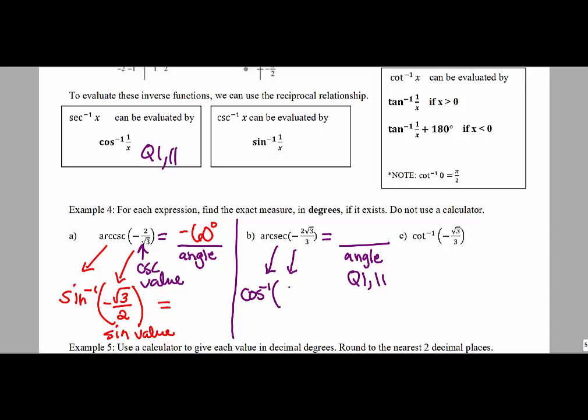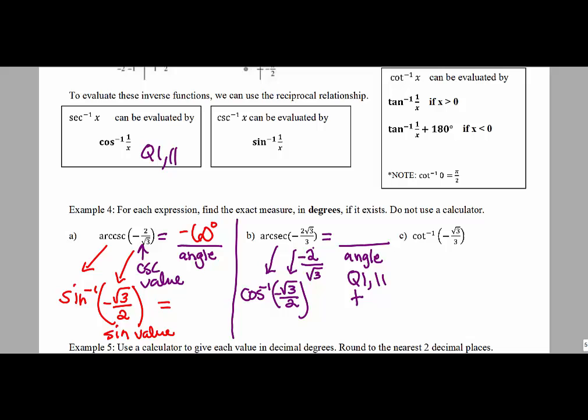We can evaluate this by looking at the inverse function and the reciprocal of the input value. Before we rationalized, the value for the fraction would have been negative 2 divided by the square root of 3. So let's unrationalize and then flip it. That would be negative square root of 3 divided by 2, and that's our 30-degree angle family. But we are supposed to find a value in quadrants 1 or 2. In quadrant 1, the values are positive.